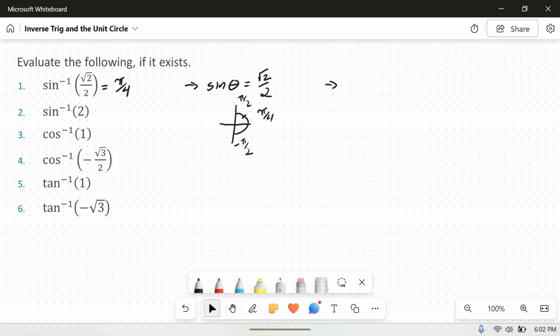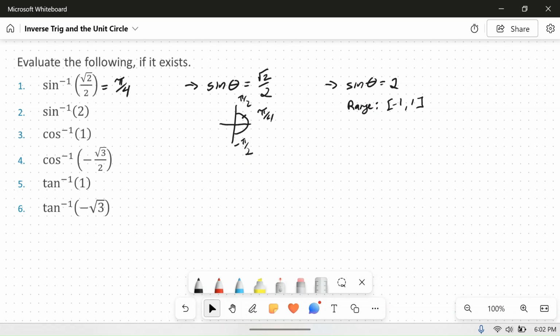So if I, again, try to convert that to a sine equation, sine of theta is equal to 2. So again, think about our domain and range restrictions. If we think about what angle makes sine equal 2, well, the range for sine is from -1 to 1, and 2 is not in that range.